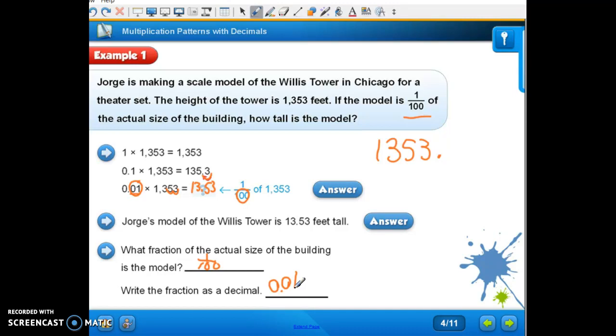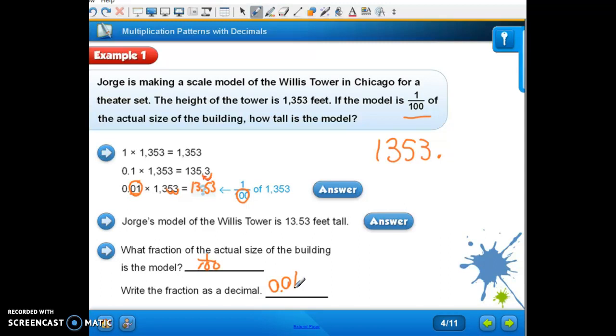Okay. So at the bottom of your page, I'm pretty sure this is not going to be on my page. It says, as you multiply by decreasing powers of 10, how does the position of the decimal point change in the product? What did we do? We moved it to the left, as I multiply by the decreasing decimal place value.